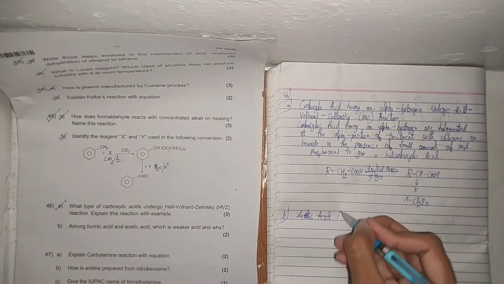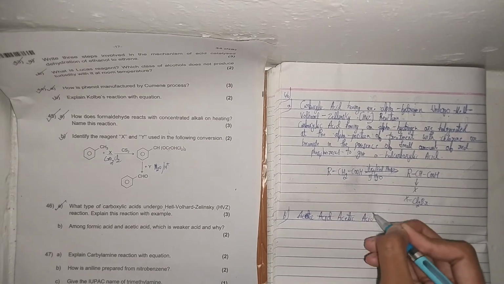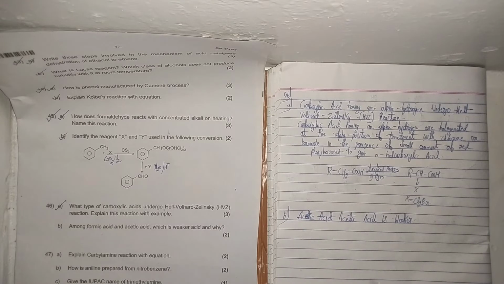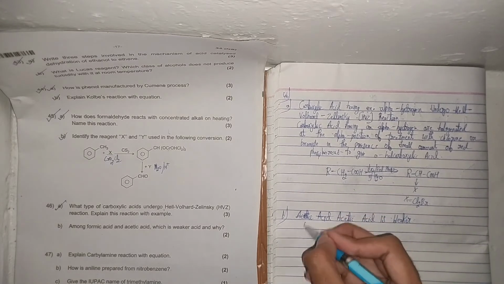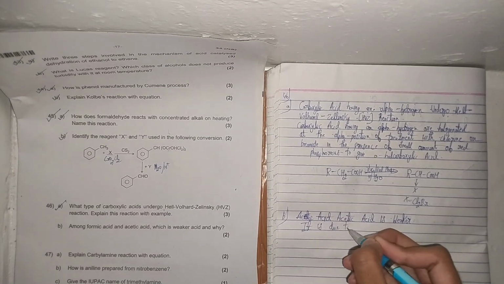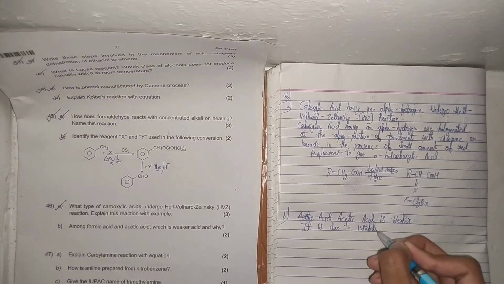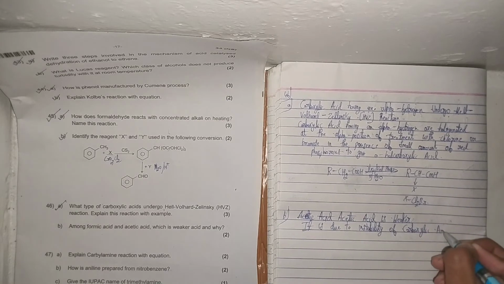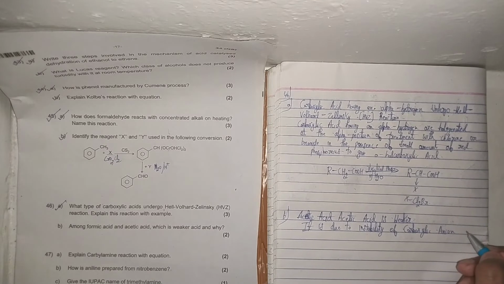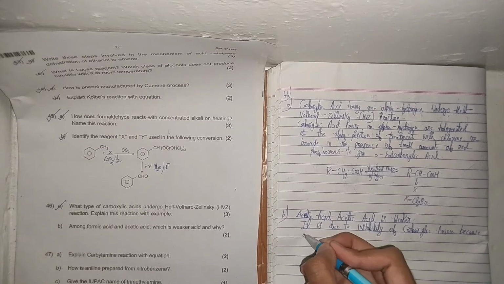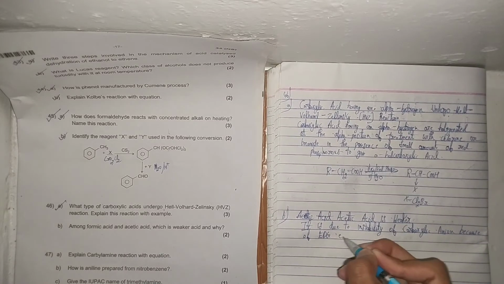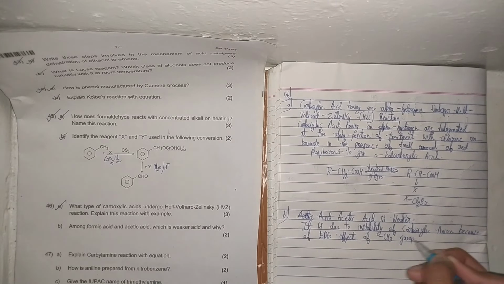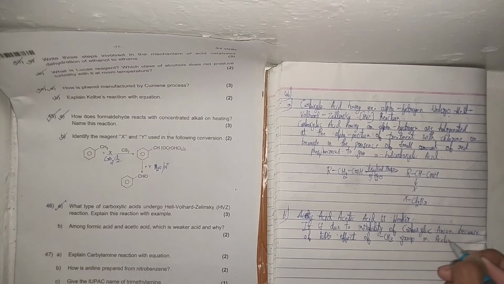Acetic acid is weaker. The reason is the instability of the carboxylic anion, because of the EDG effect of the CH3 group in acetic acid.